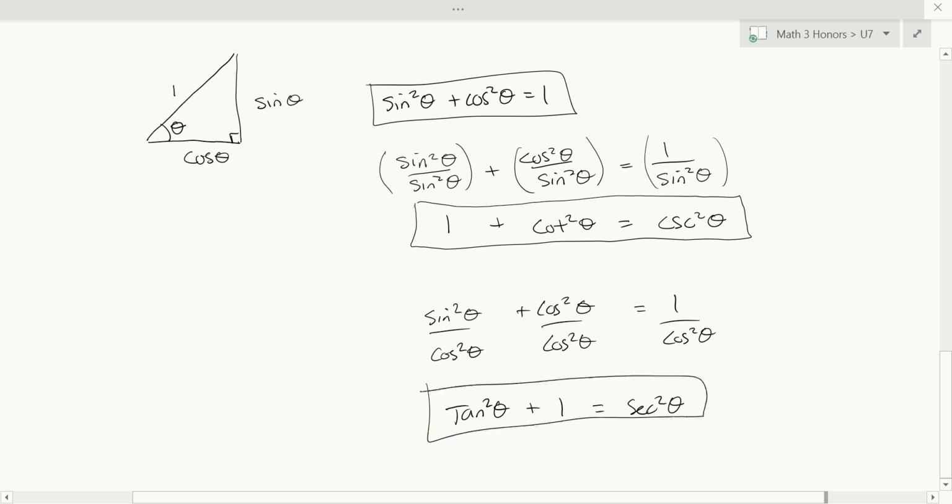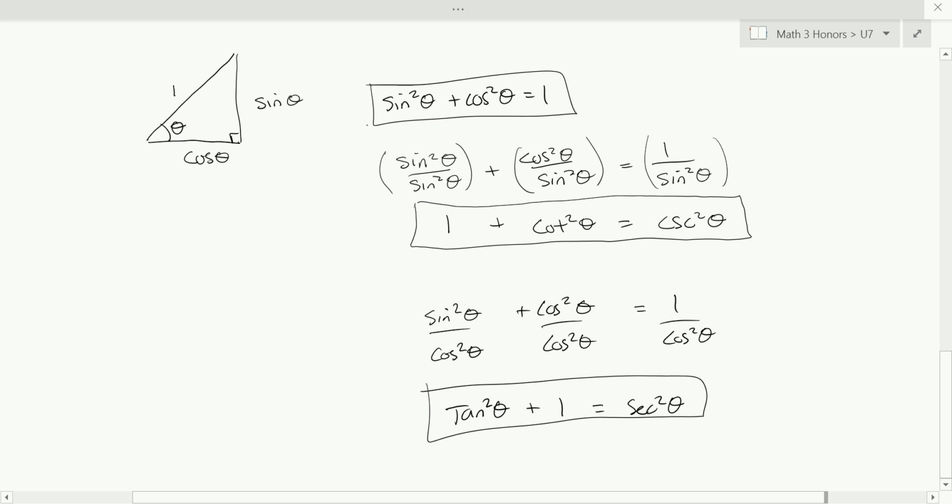And normally, in my Math 2, I made them memorize all this stuff. You guys don't have to do that. So I normally talk about how to remember this stuff, but you don't have to worry about that. What you do have to worry about, though, is all the variations of these.